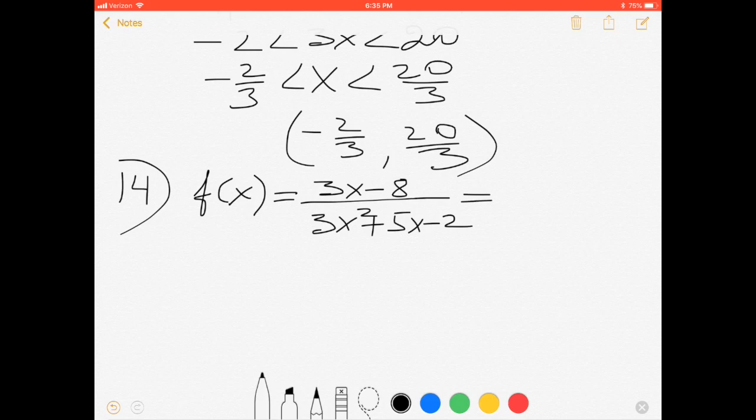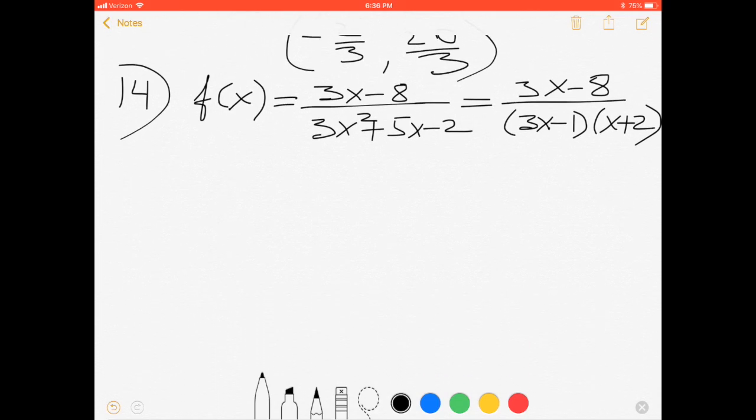We can factor our denominator, and we have (3x minus 8) over (3x minus 1)(x plus 2). Use the technique we use for partial fractions.